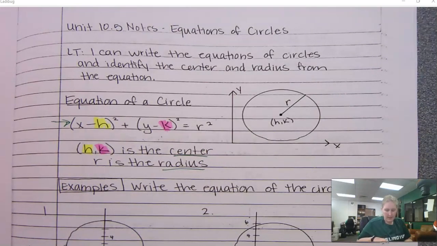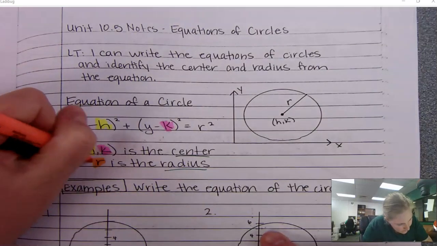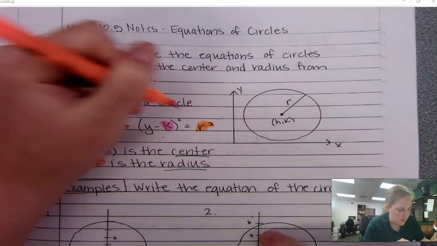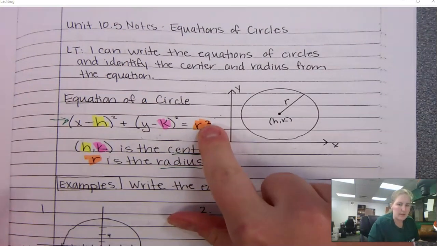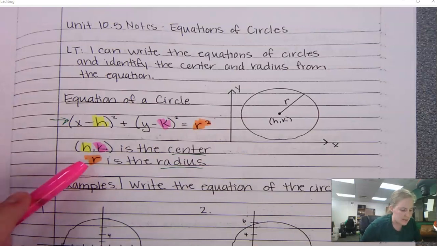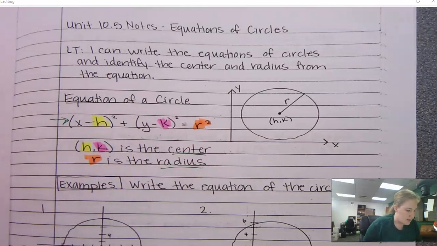Okay, I guess I should circle the radius in a different color, and highlight it here so you can see it. Probably shouldn't have highlighted the squared part, because notice this is the radius squared and this is the radius.